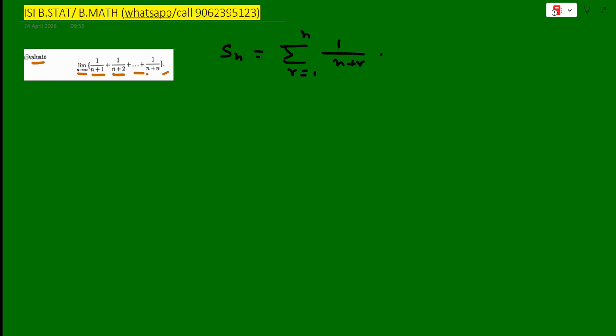Okay, so now the limit says n tends to infinity, right? So this is the part where the students start crying, but we have a trick. We need to force this into the form of 1 by n f of r by n. Okay, so let's put n out of the denominator. So 1 by n plus r equal to what?